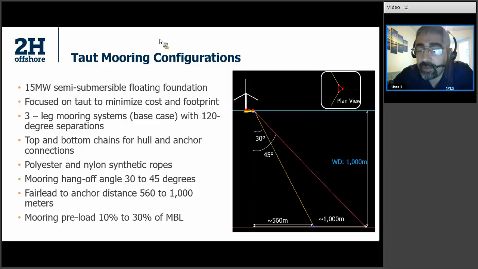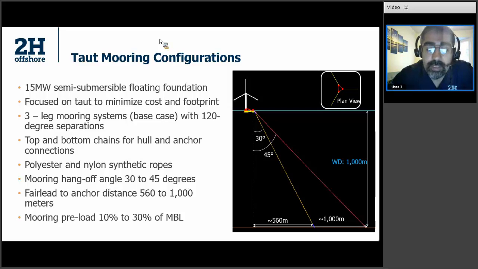However, the footprint will be too much, and it may start interfering with mooring lines from the neighboring foundations. So we try to keep the mooring hang-off angle between 30 and 45 degrees.